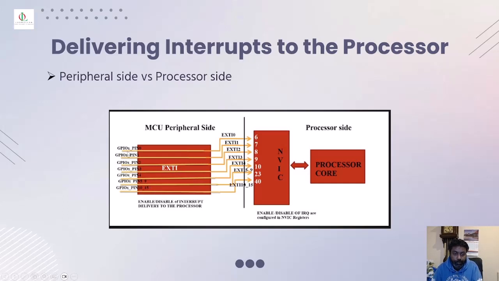This is how the GPIOs, USART, I2C or SPI, if they have any interrupts coming through, get fed to the NVIC, which sits inside the processor core and communicates directly with it, and the core will understand, okay, that's a priority, so I will handle that first. So this is how it's set up from the peripheral side to the processor side.